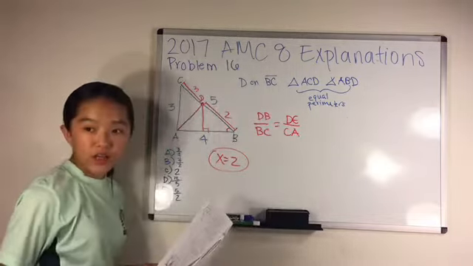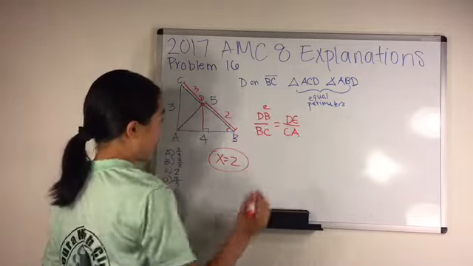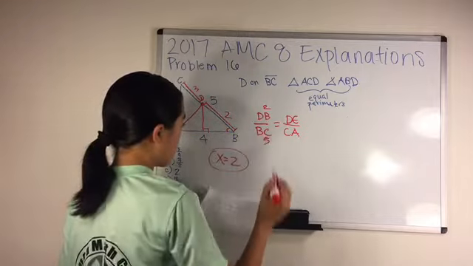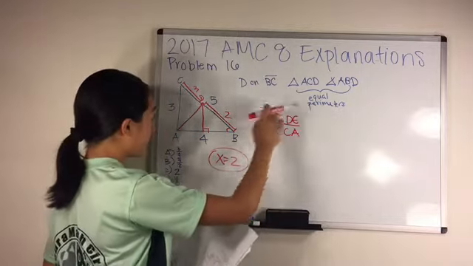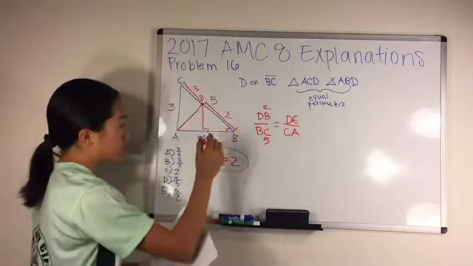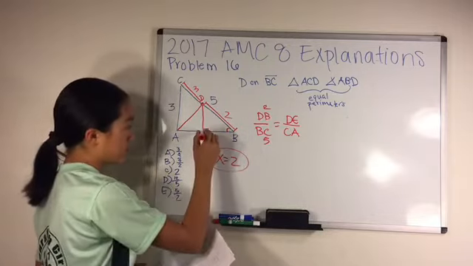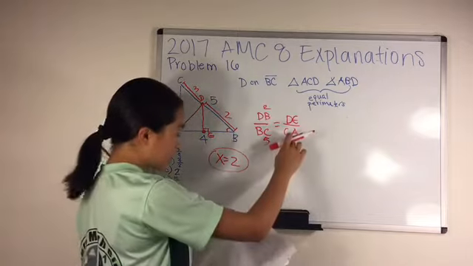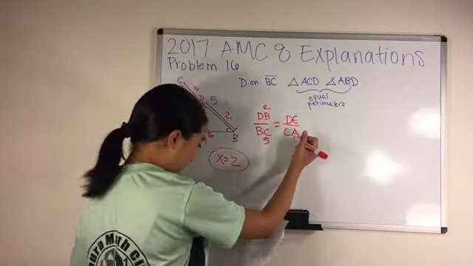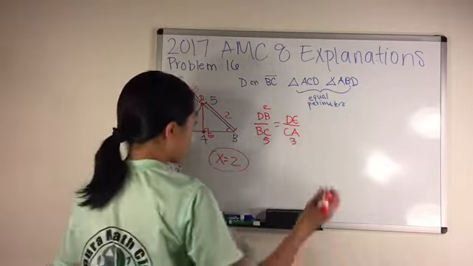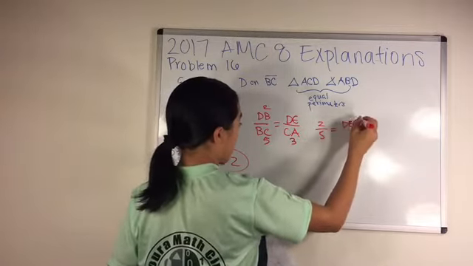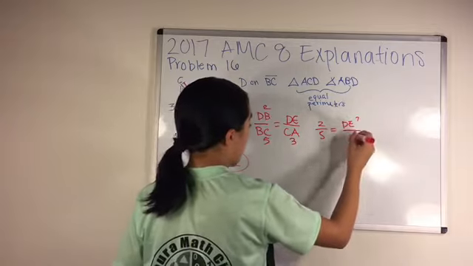And since we already know the value of DB, which is 2, and the value of BC, which is 5, we don't know the value of DE, but we'll assume that the point drawn down here is E. And then we have CA, which we do know, and CA is 3. So we have 2/5 equals DE, which is an unknown value for now, over 3.